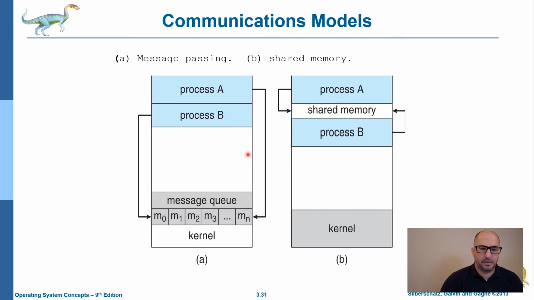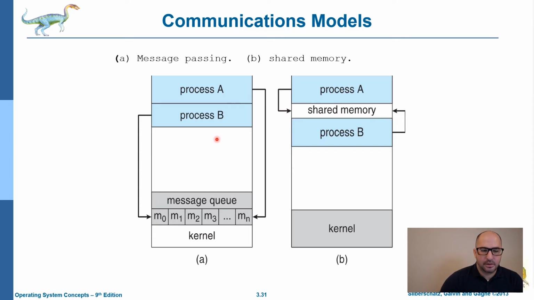In shared memory, let's take a look at the right. This is the simpler of the two. There's just a block of memory, taking a look at all of memory on the system, all RAM, and to this shared memory, process A and process B can read and write information, no problem.